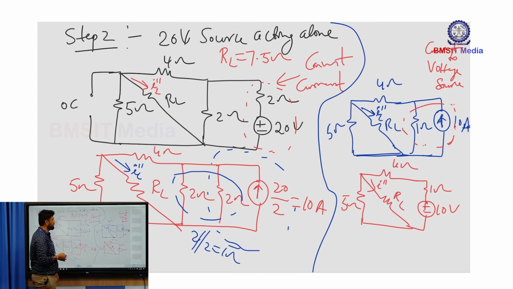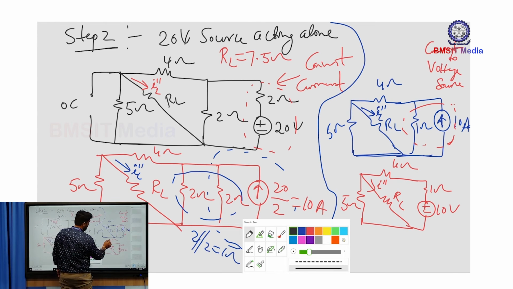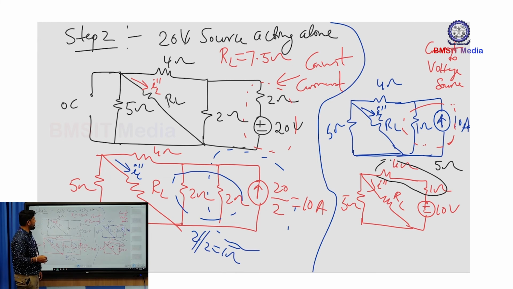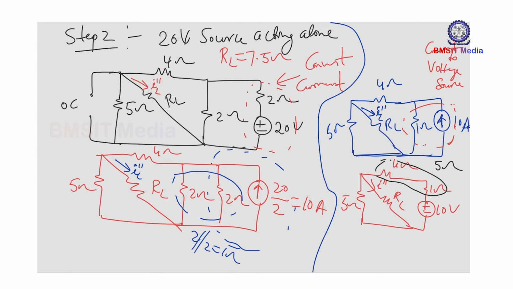That's the simplified network. Next you can observe these two resistors, a 4 ohm and a 1 ohm, are in series. The resultant is 5 ohm. If I write a new network here, you have your 5 ohm resistance and a load resistance RL, and I double dash.